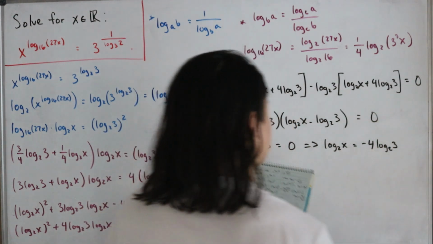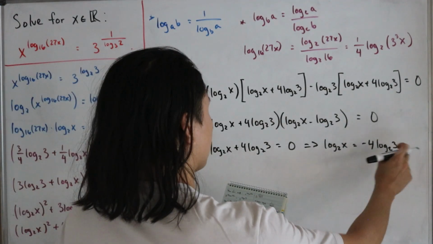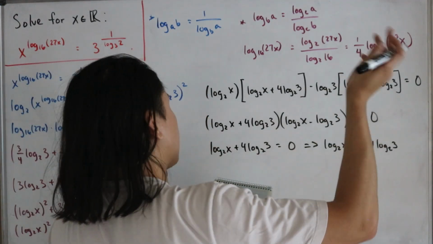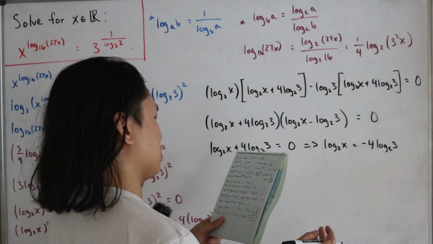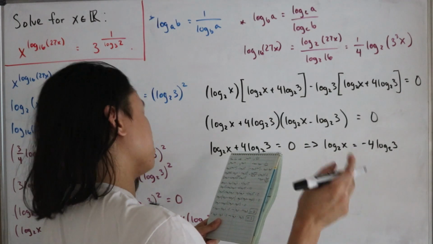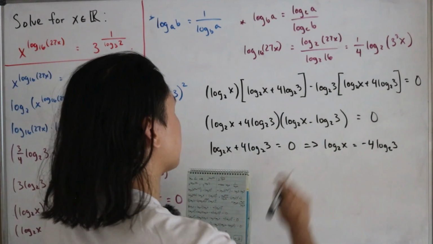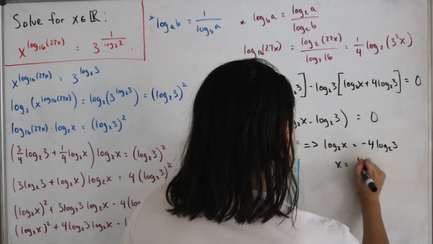If I solve this by itself, negative 4 goes up to the front. So that means 3 to the negative 4 is basically 1 over 81. Then you just set those two inputs equal to each other, and you get that x is simply equal to 1 divided by 81.